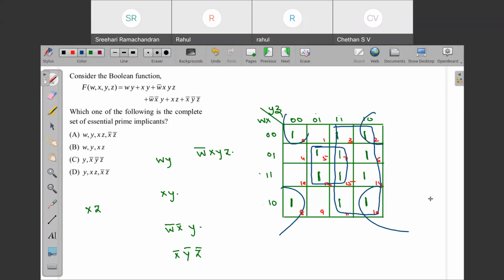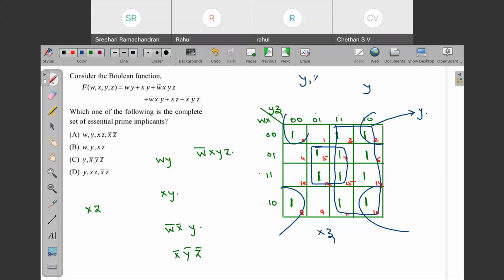Now you need to write the min terms for these. For this group of 8, you can see the only thing common is Y. So this is Y. Next, for this group of 4, you can see X is common and Z is common, so XZ.